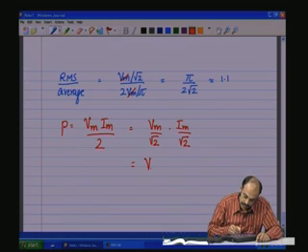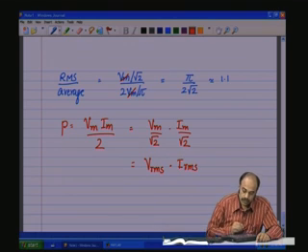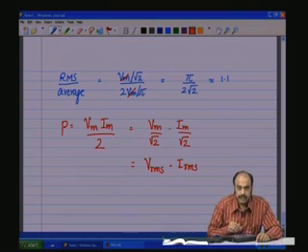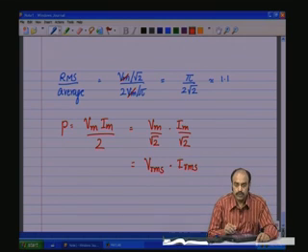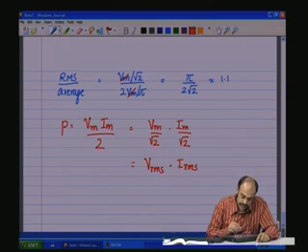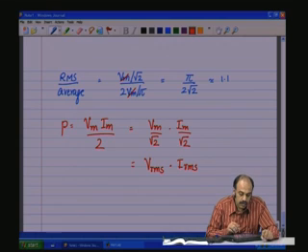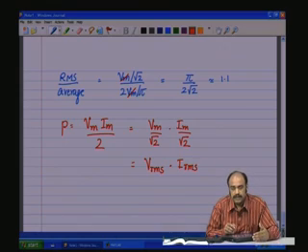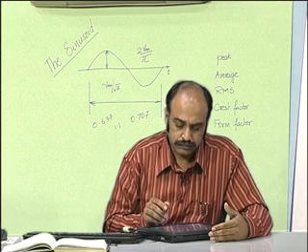This is V RMS into I RMS. So, for sinusoid, the power is equal to V RMS into I RMS. Note that this is for a resistive load that we have been defining. For other loads like the inductive or capacitive loads, we will look at it much later in a later class.